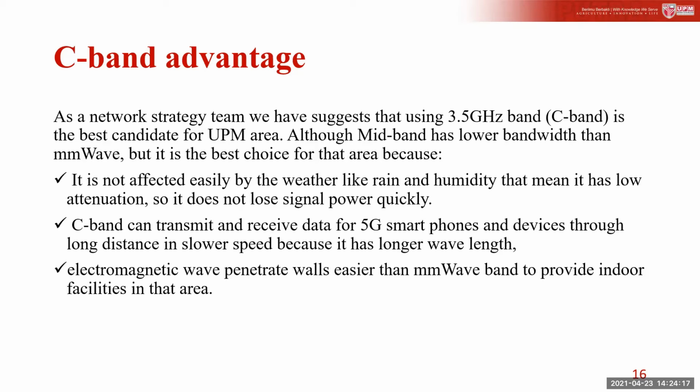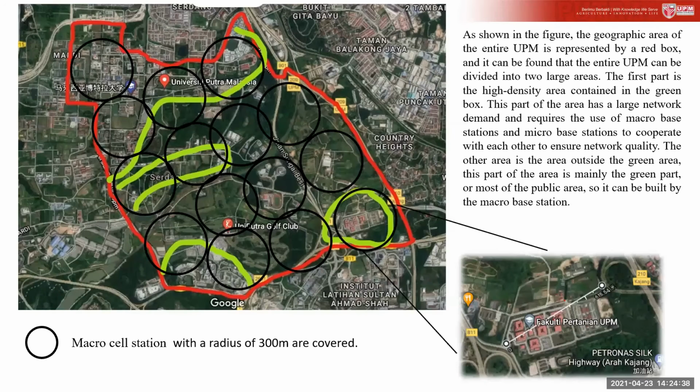As well, C-band can transmit and receive over long distance because it has a lower frequency, so its wavelength would be longer compared to the millimeter wave, and its electromagnetic wave can penetrate walls easier than the millimeter wave band to provide indoor facility. As we know, the majority of the students are inside the buildings. My friend Haoxiang is going to present the rest.